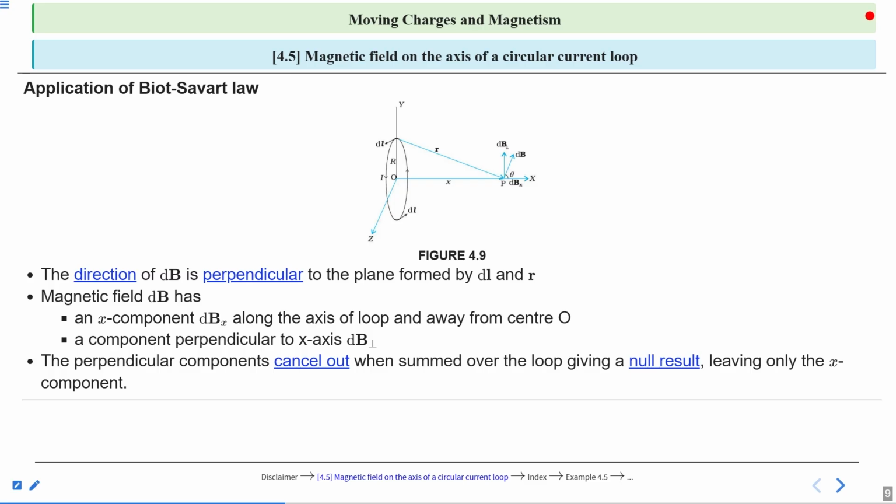Now if we consider the dl element at the lowest point of the loop, which is exactly diametrically opposite to the above dl element, due to this lowermost dl element the magnetic field will be shown in this direction, the downward direction.